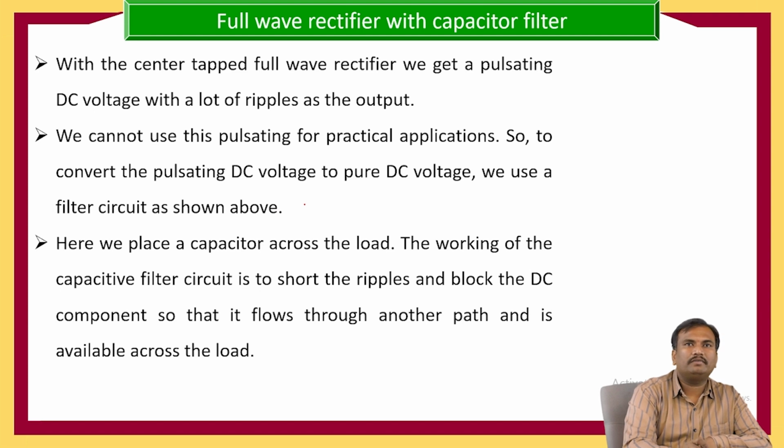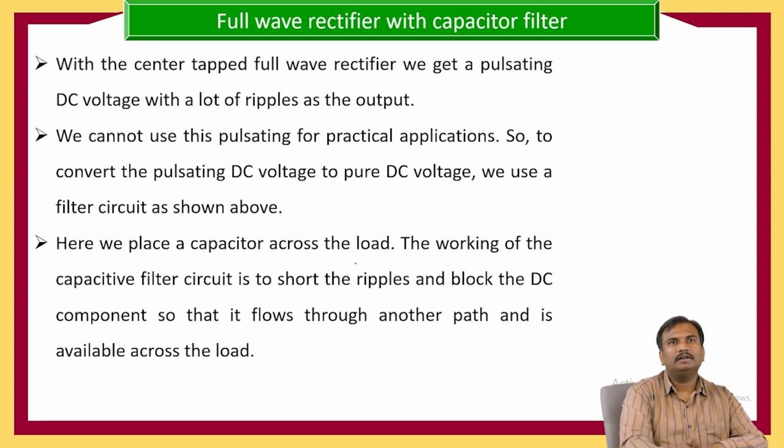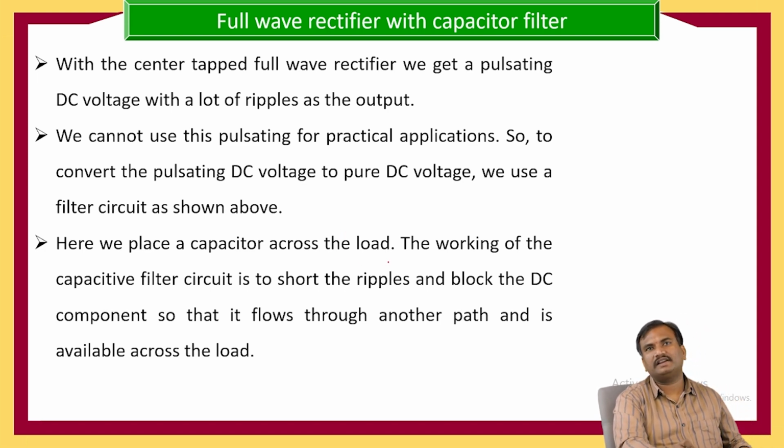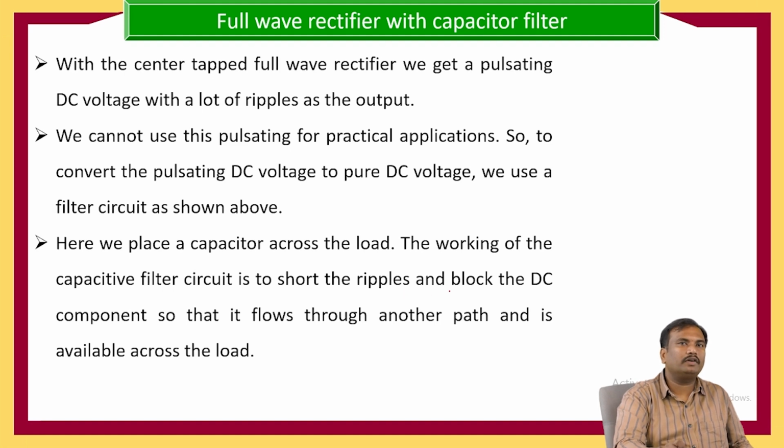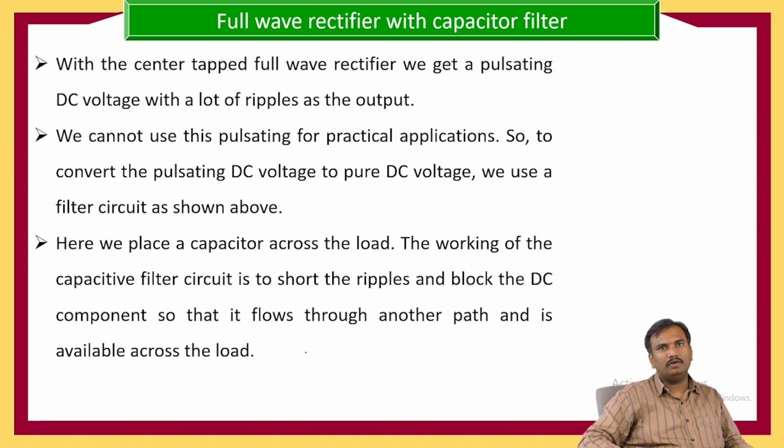So in order to get pure DC voltage, we have to go with a filter. Here we place a capacitor across the load. The working of the capacitor filter circuit is to short the ripples and block the DC component. So it flows through another path and is available across the load.